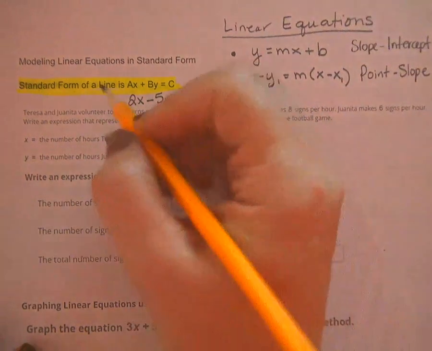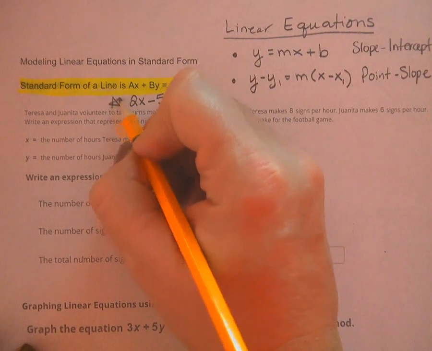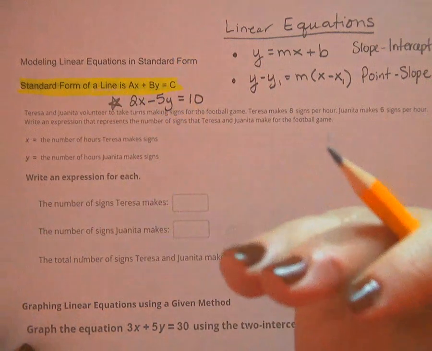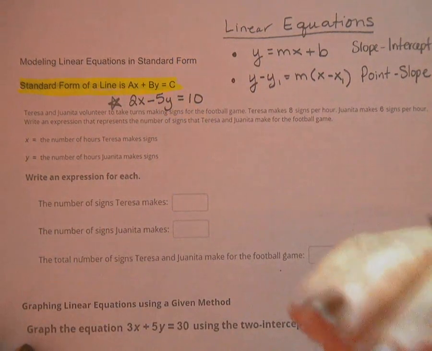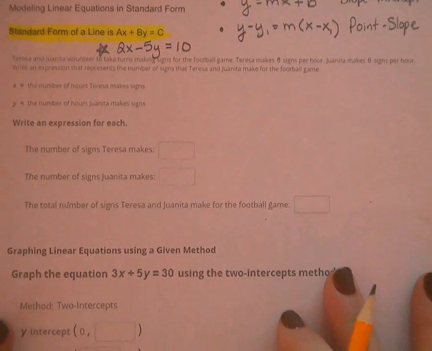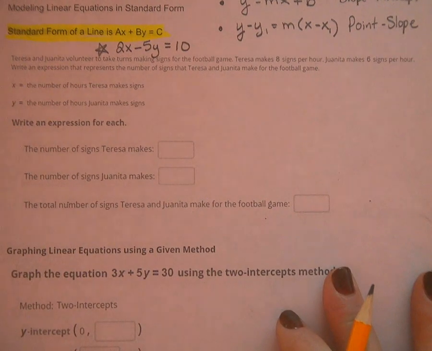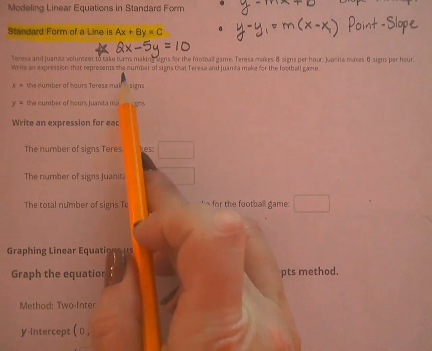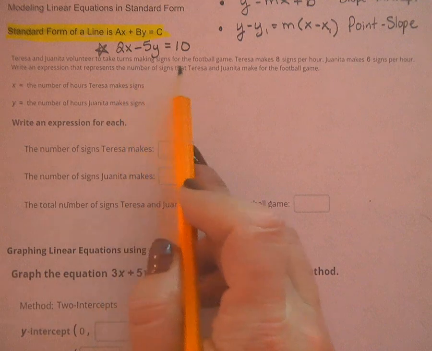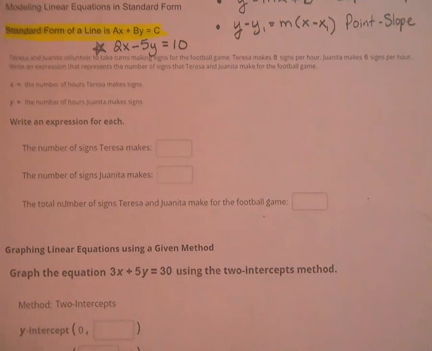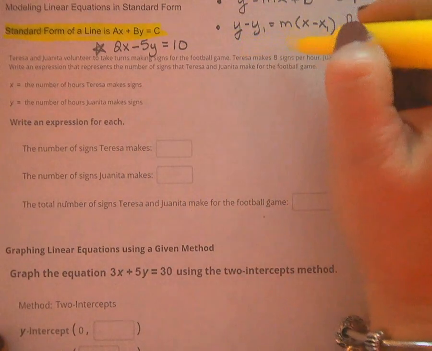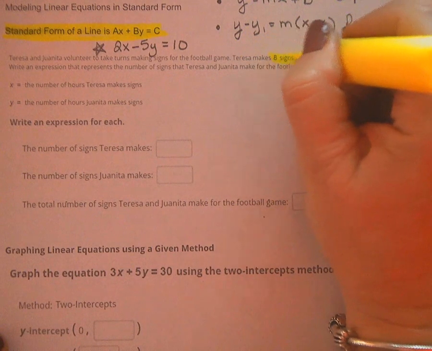Now, each form has some benefits and some easier tricks to use. The reason standard form is so useful is because it fits into real world applications really well. So let's look at this example and I think you'll see. It says Teresa and Juanita volunteer to take turns making signs for a football game. Teresa makes 8 signs per hour.